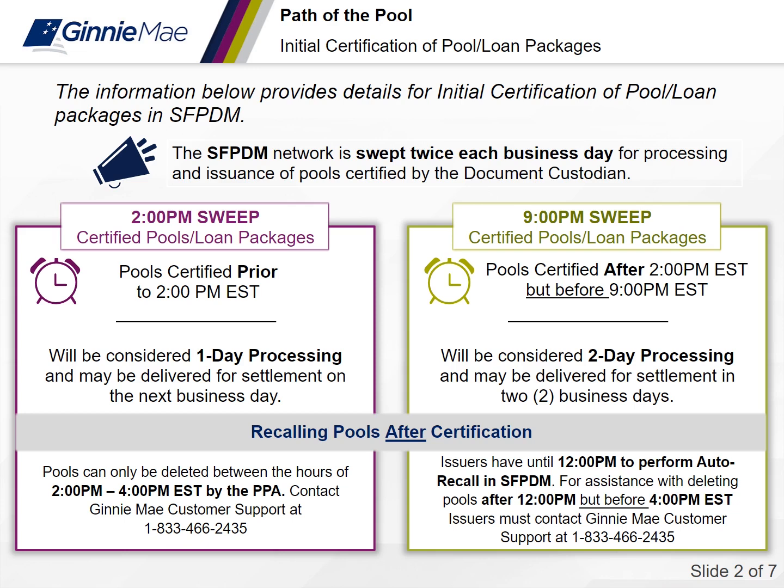Since those are next day, those are considered 2-day delivery. Anything between now, we're going to sweep up to 9 o'clock. That comes in tomorrow. So that's not going to get a delivery for Monday. Those pools can be delivered on Tuesday going forward. But anything that was swept today before 2 o'clock can have a delivery date for tomorrow, if that's your delivery date.